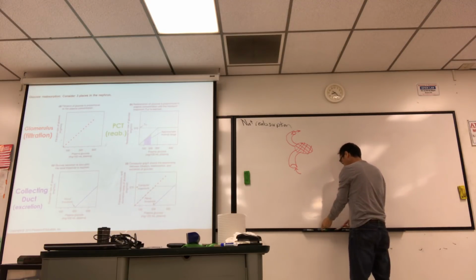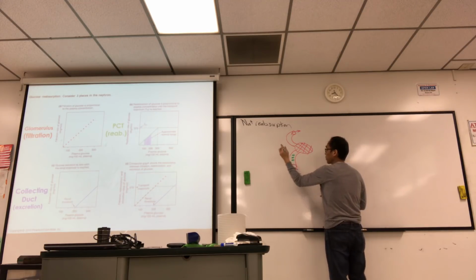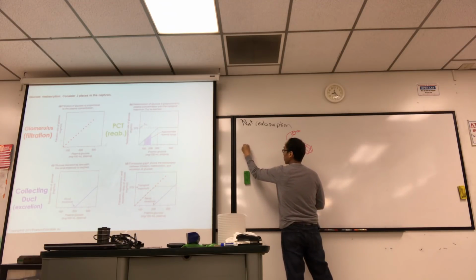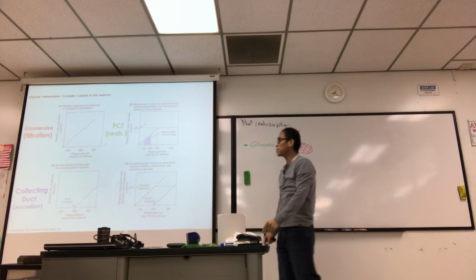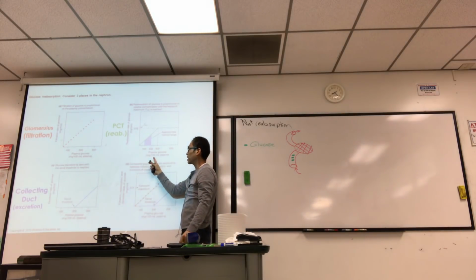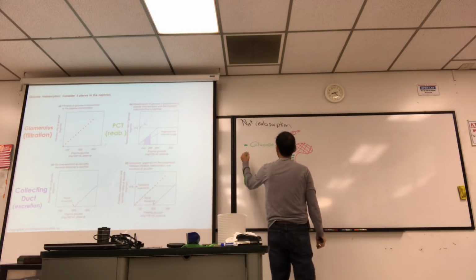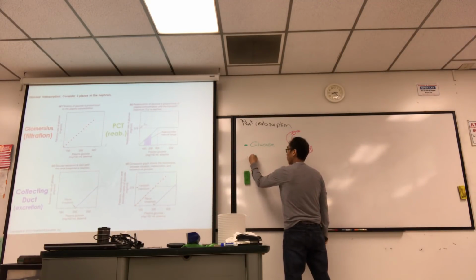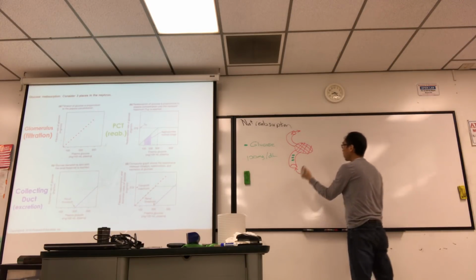Let's say glucose is coming in. We draw 3 little green balls to symbolize glucose. Let's say the plasma concentration is within the normal range, 100 mg per deciliter. 100 mL is a deciliter. So let's start off at 100 mg per deciliter, and let's say it all gets filtered.